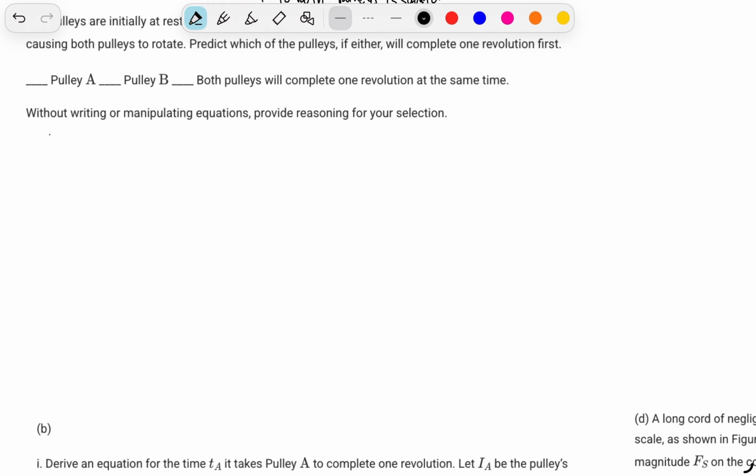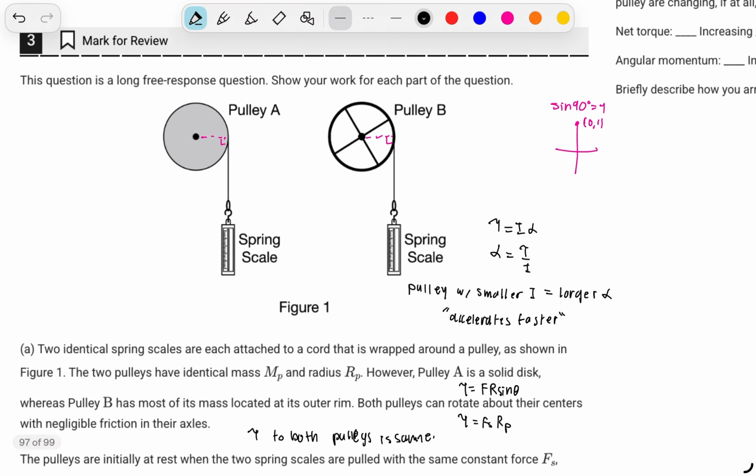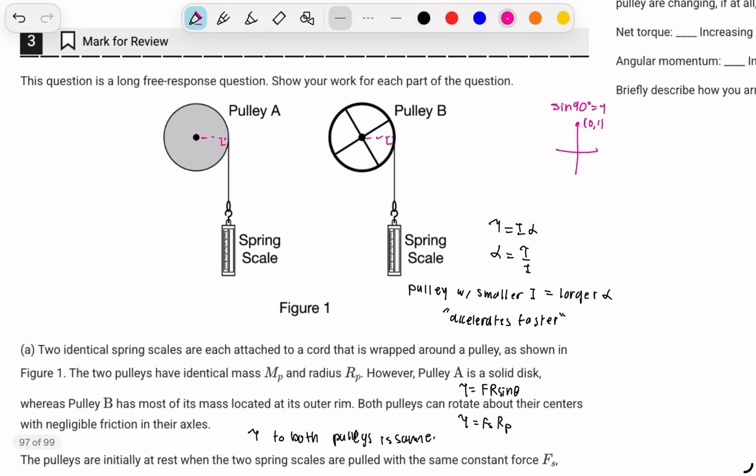So for pulley A, we see we have this solid disk. In the solid disk, your mass is evenly distributed among the entire object. So inertia A is equal to 1/2 the mass of the pulley times the radius of the pulley squared.